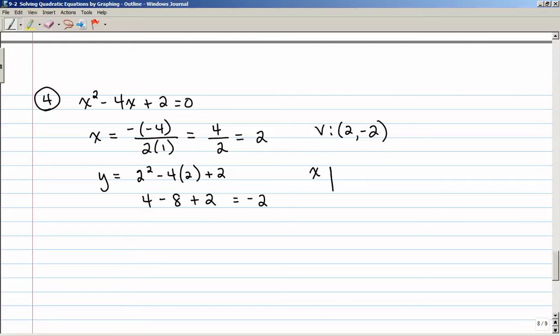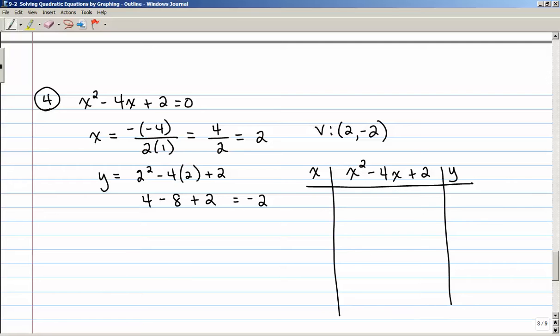Let's make a table. Put our vertex in the center of that. So 2, negative 2. Two x values smaller. Two x values larger. I like the 0 because x squared becomes a 0.